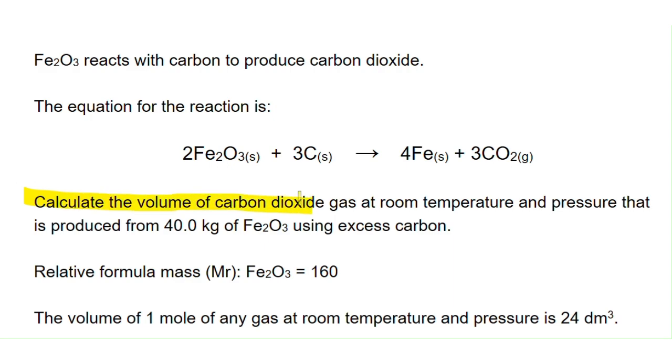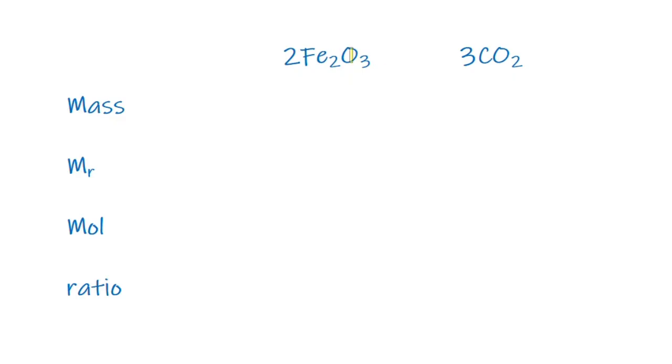Calculate the volume of carbon dioxide gas at room temperature and pressure that is produced from 40 kilograms of Fe2O3 using excess carbon. The Mr, the formula mass for iron oxide, is 160. And the volume of 1 mole of any gas, room temperature and pressure, is 24 decimeters cubed.